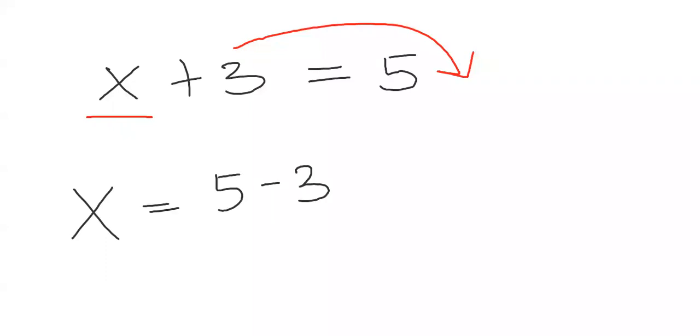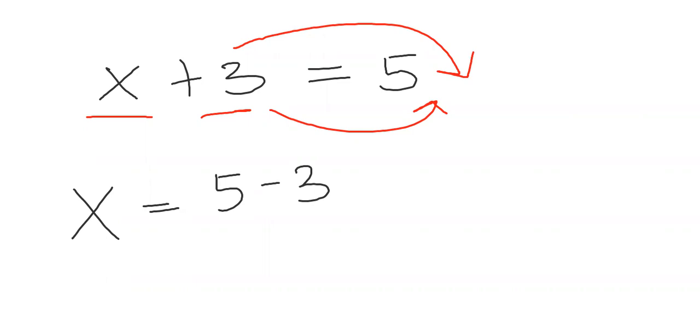Now, a key critical point that you have to know here is, if you take a number and you take it on the other side of the equal sign, its sign is going to change. For example, we have a positive 3.